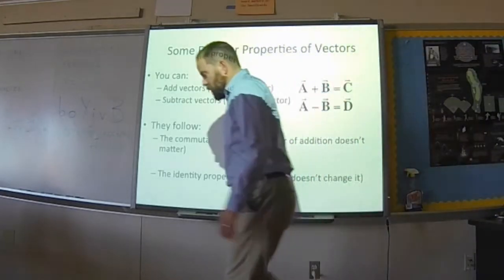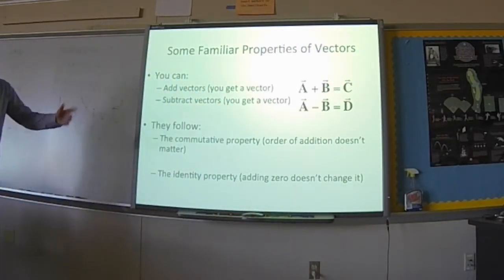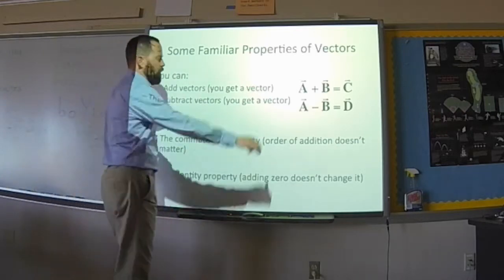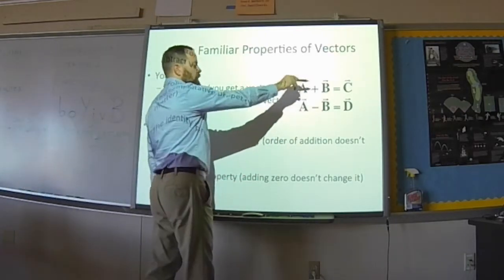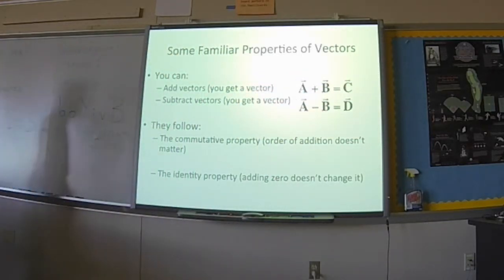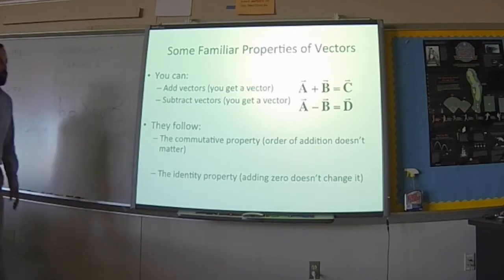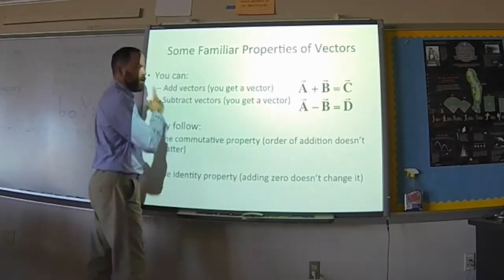All right, a couple different things about vectors that should be familiar. You can add or subtract them pretty much in any order. Vector A plus vector B is vector C. So, what does vector A plus vector B look like?